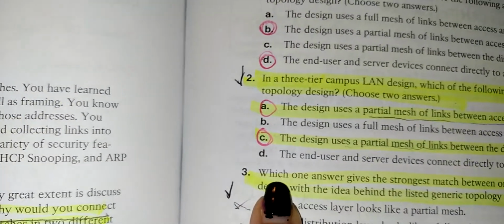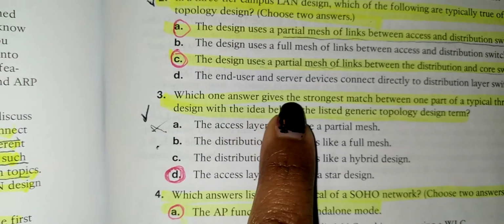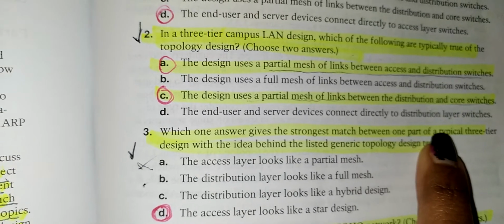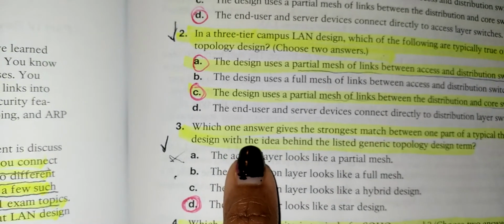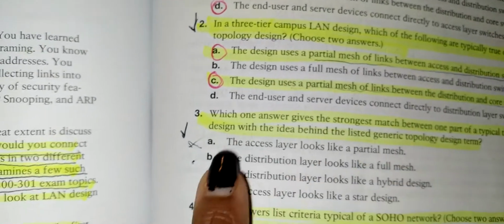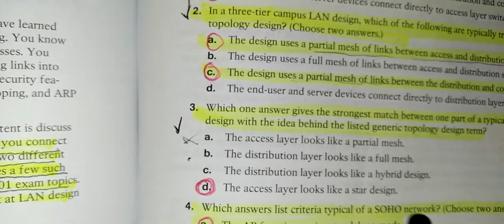Number 3: which answer gives the strongest match between one part of a typical 3-tier design with the idea behind the listed generic topology design term? It's going to be D. The access layer looks like a star design.